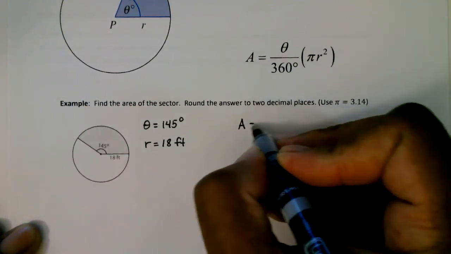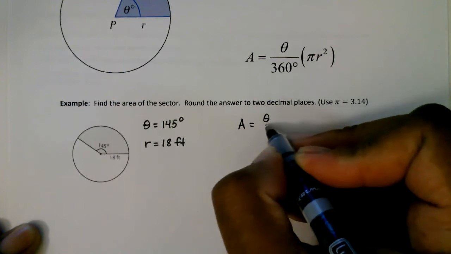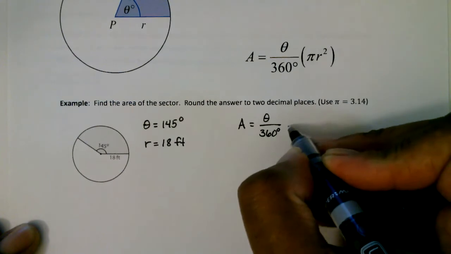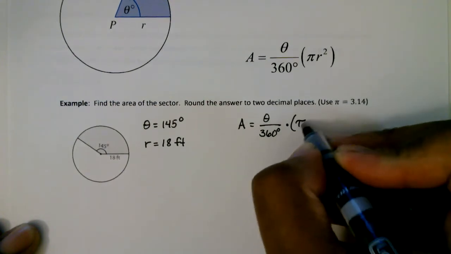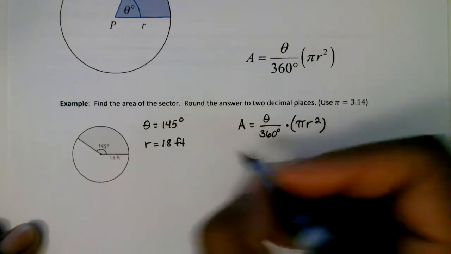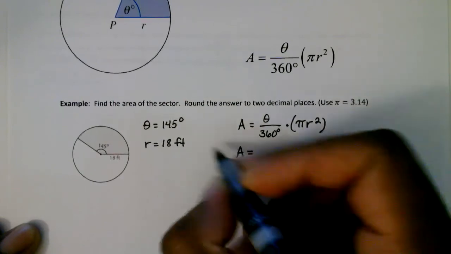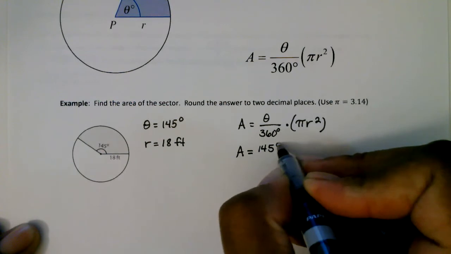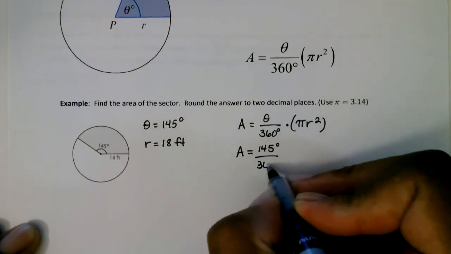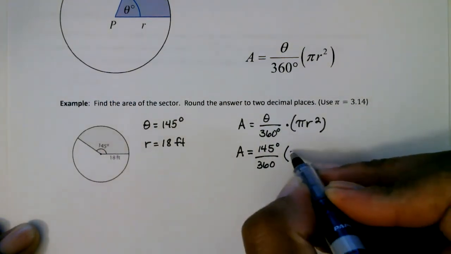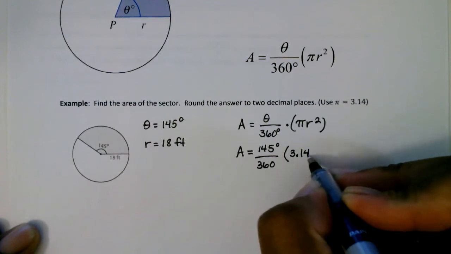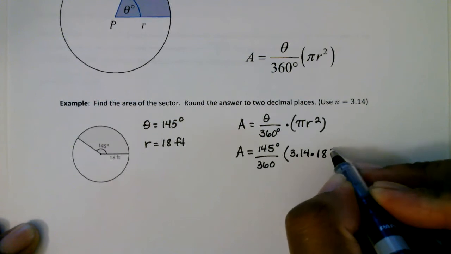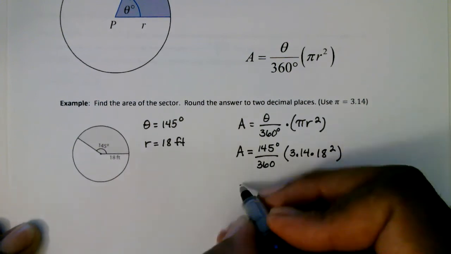So the area would be theta over 360 degrees times pi r squared. And the angle measure theta is 145 degrees over 360 times pi. I'm going to let 3.14 be pi times a radius, which is 18. And that's going to be squared.